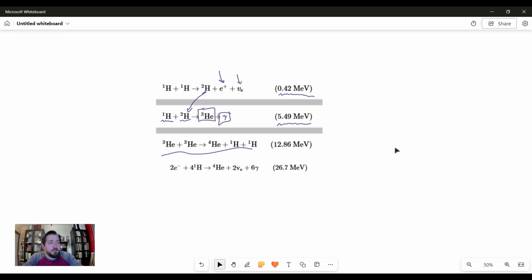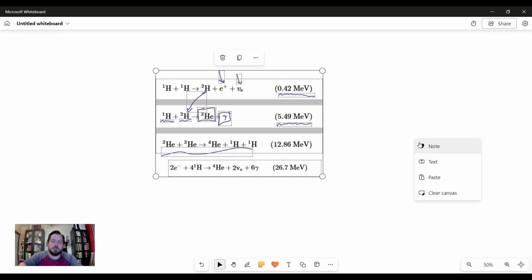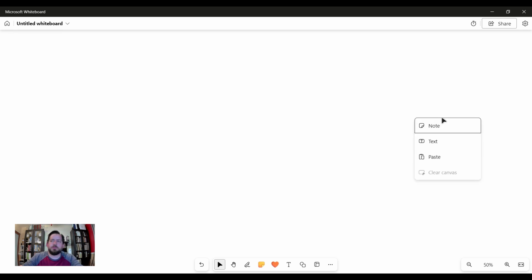The interesting thing that happens here is the sun is extremely dense, so I'm going to still a portion of this image, the image that matters.